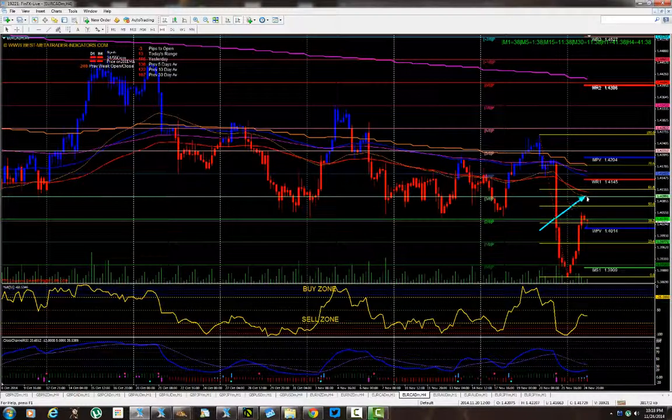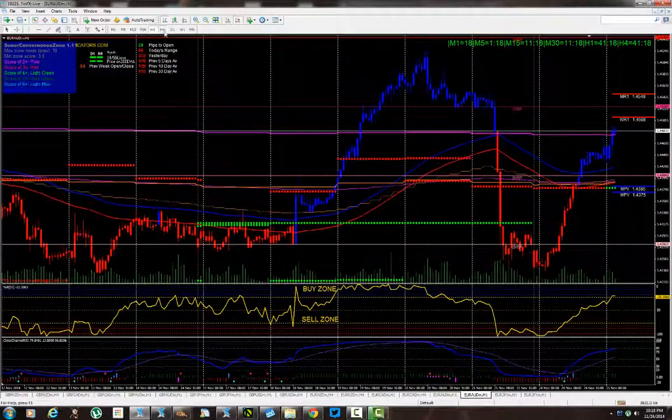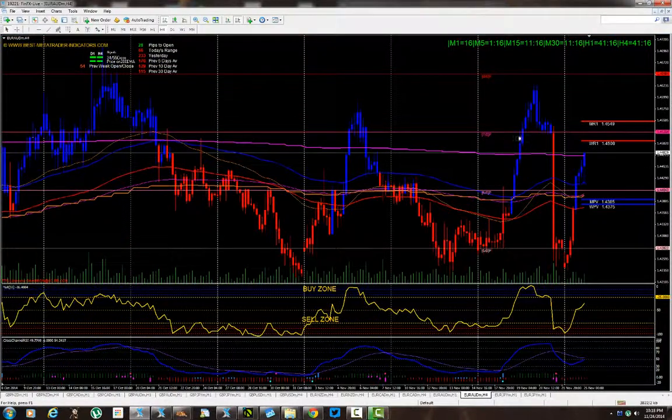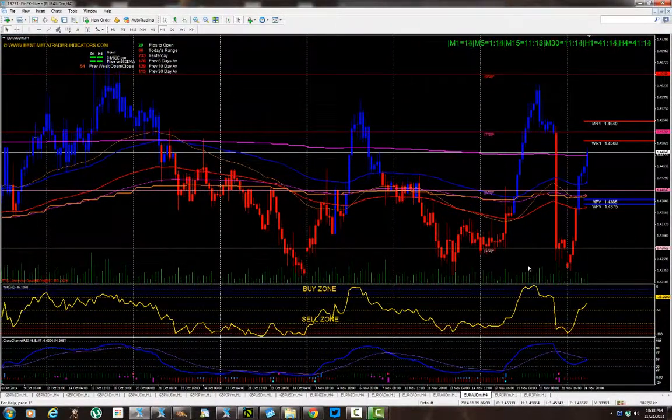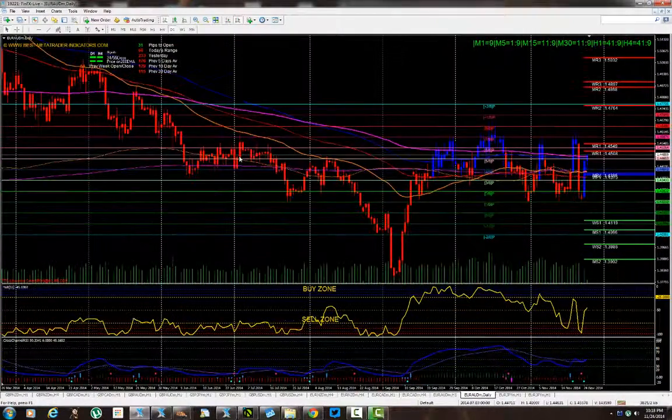Again, nice convergence there to trade from. Euro-AUD, I believe, it's been ranging pretty well.